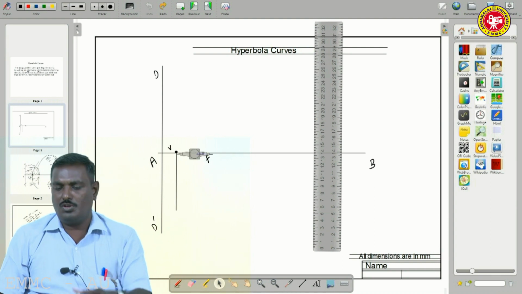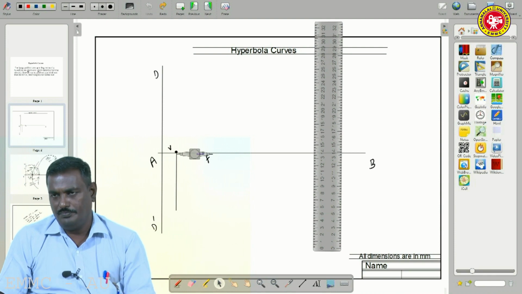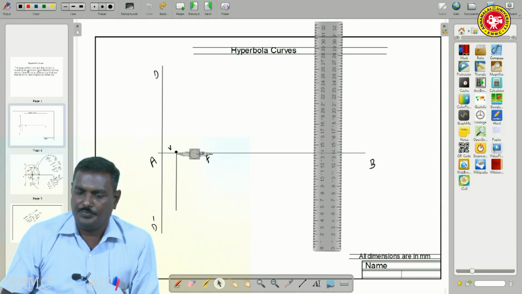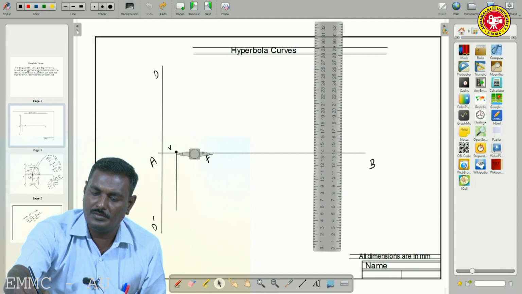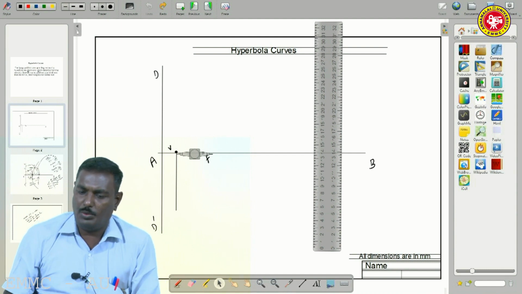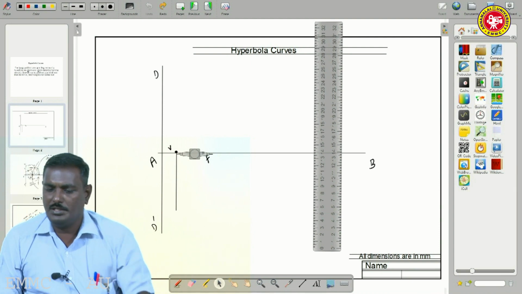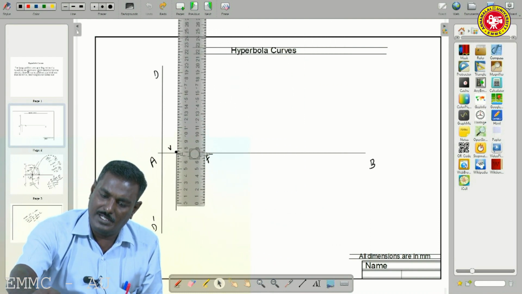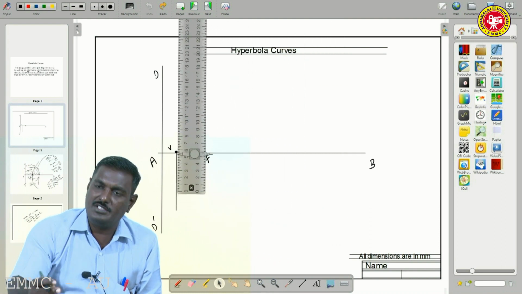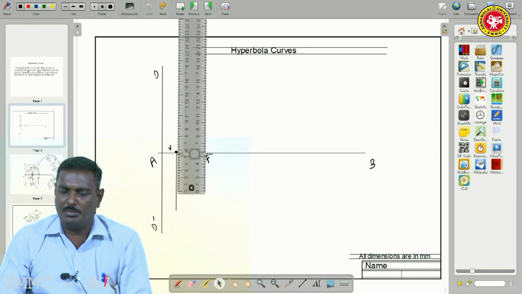Actually it does not come, so we have to turn. The same distance, otherwise you have to take and mark it over the vertical line using scales. How much distance? Already we have measured: the distance VF is 40 mm.